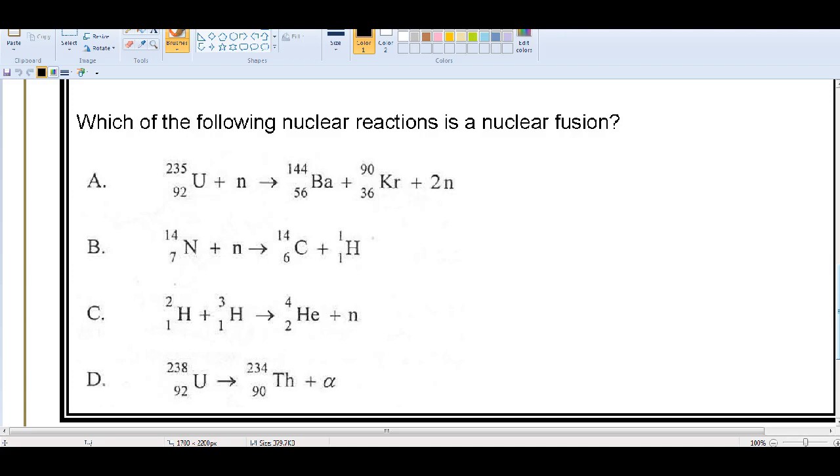B is a rather big nucleus, nitrogen, with a neutron, so the sizes have such a huge difference that it's not the case either. C, hydrogen-2 and hydrogen-3, have similar size, and on the right-hand side it becomes a bigger nucleus, which is helium. So I think C will be the case.